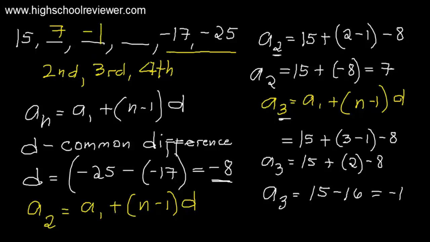So let us now find our a sub 4. Again, the equation for a sub 4 is a sub 4 equals a sub 1 plus n minus 1 multiplied by d.